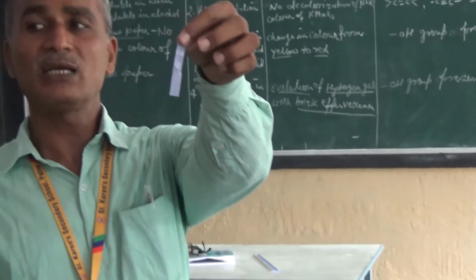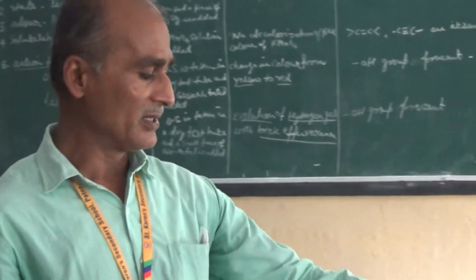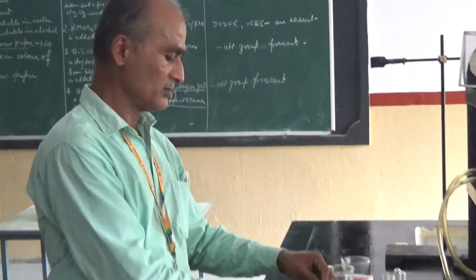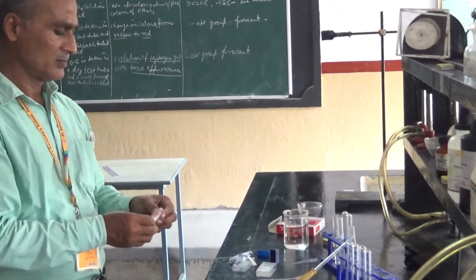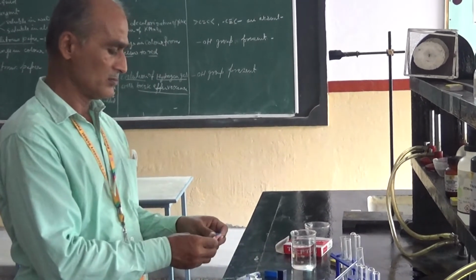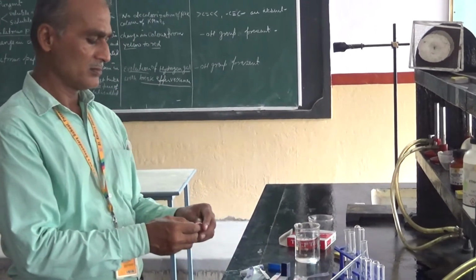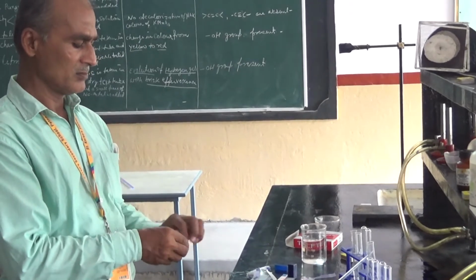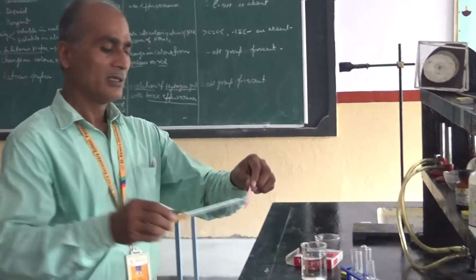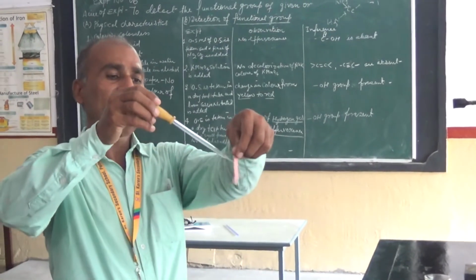There is no change in the color of the blue litmus paper. Again you take red litmus and add organic sample on it.